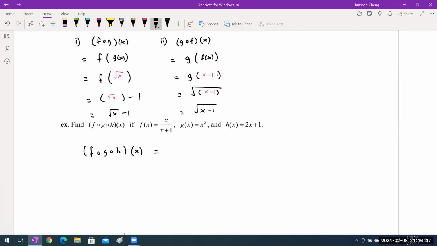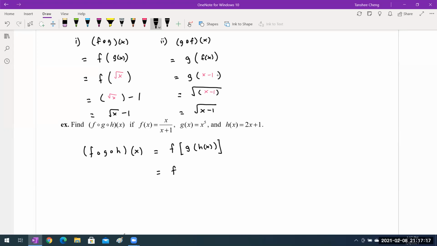The f function has inside it the g function. Inside the g function is the h function. So functions within functions. Always, the last function's output is input into the second to last, and then continue. So what we want to do is look at it step by step and make sure it comes out nice and neatly.